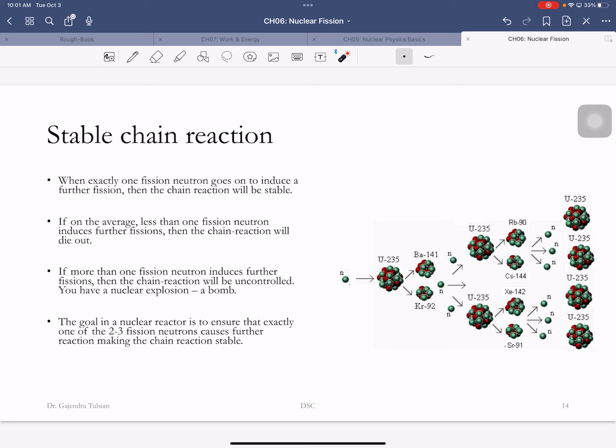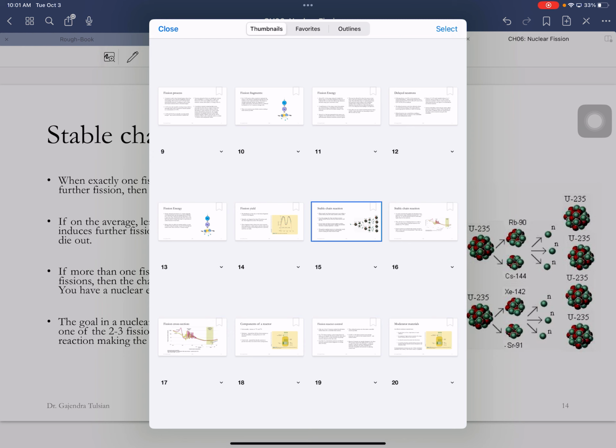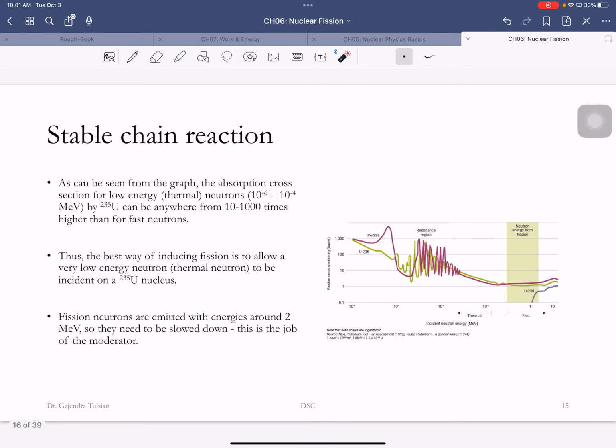Now you want this neutron to cause another reaction, to split this nucleus. Let's look at this guy. He's moving at 20,000 kilometers a second when he comes out of the reactor.